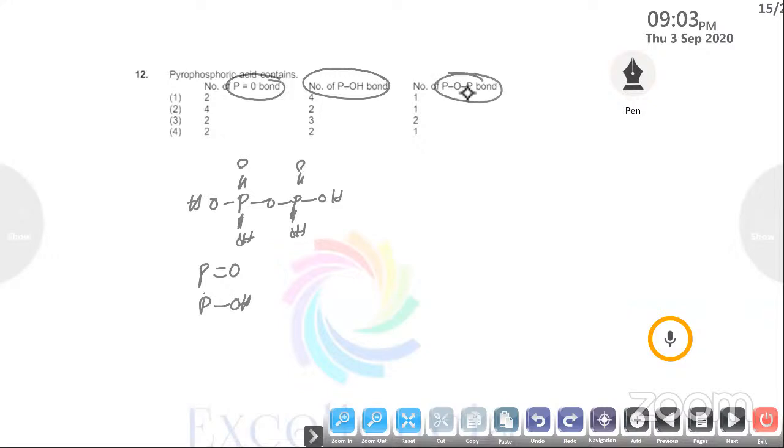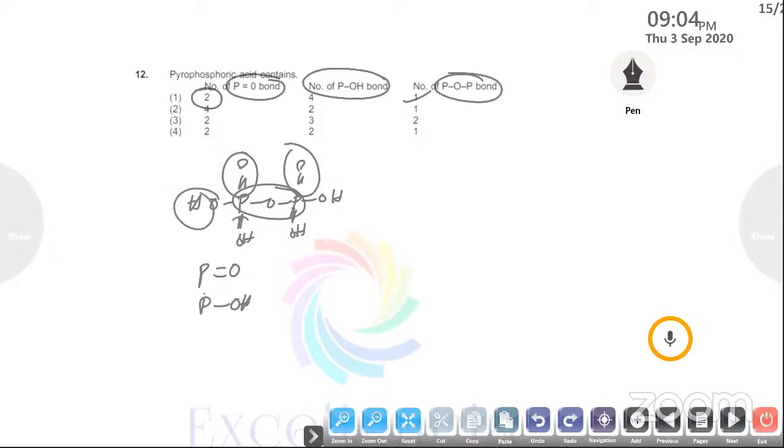When you go for POP bonds, you are having only one POP bond. Next, how many P double bond O's are there? The number of P double bond O's is 2. Next, how many POH bonds are there?